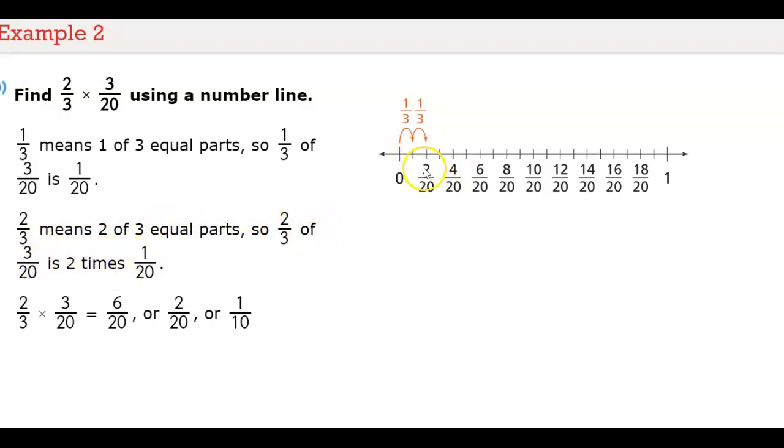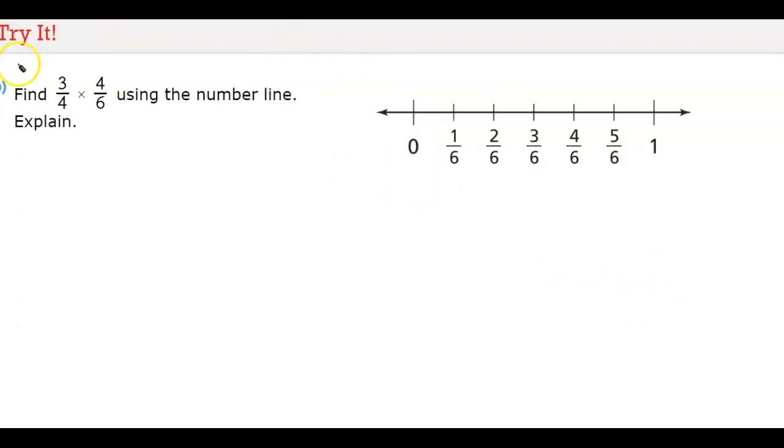And we have 2 over 20 here. So 2/3 times 3/20 is equal to 2 over 20, or 1/10. That's 2 over 20 simplified. So that is how you use the number line.